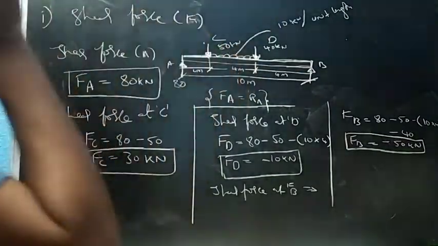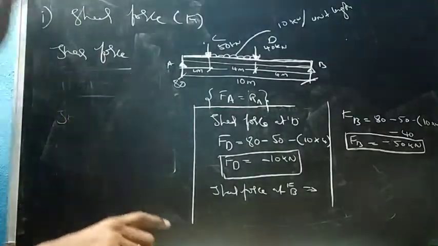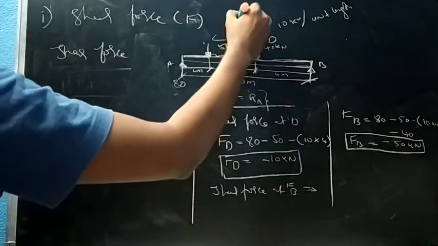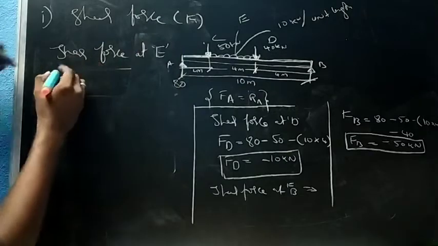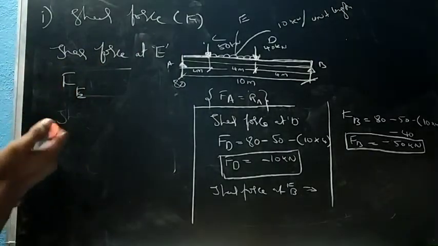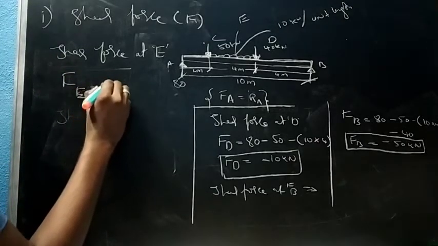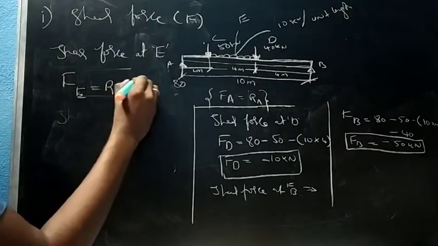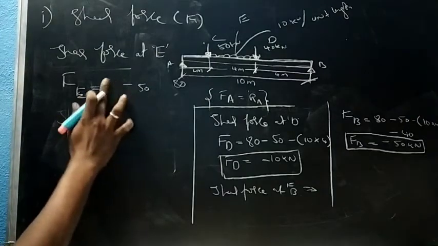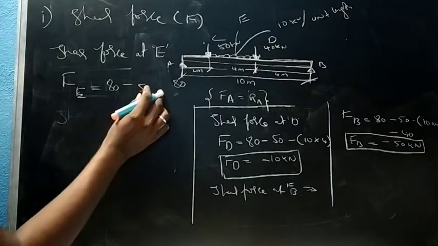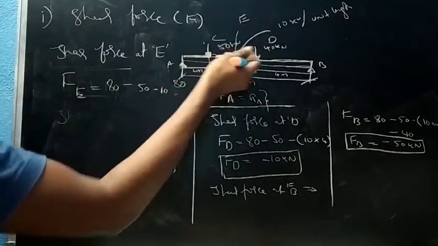So let us say X. So we'll find out that shear force at E, let's say somewhere here, shear force at E, we have to find out shear force, that is FE equals to RA minus 50, RA minus 50, that is 80 here. So I will directly write 80 minus 50 minus this UDL, that is 10, and where is the maximum we don't know, let us say X.